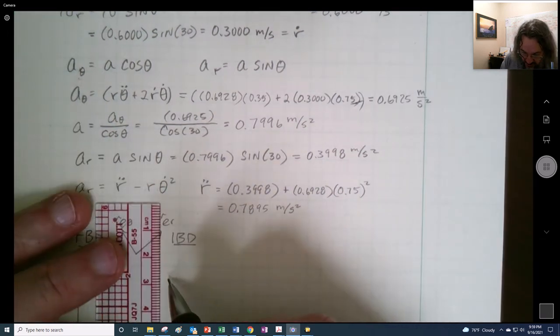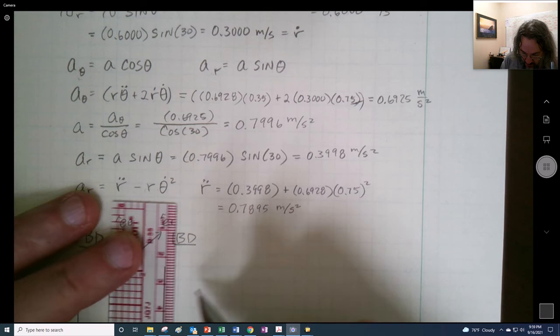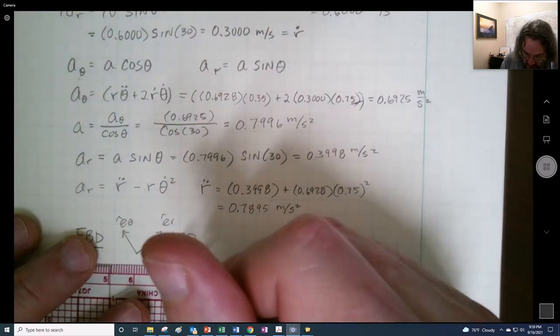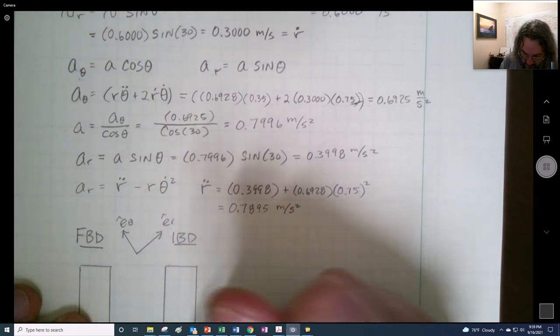It's really just a particle, so we don't even actually need to draw a real thing. But it doesn't hurt anything, I don't think.